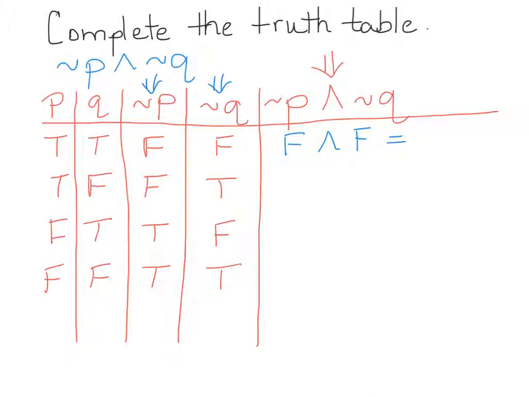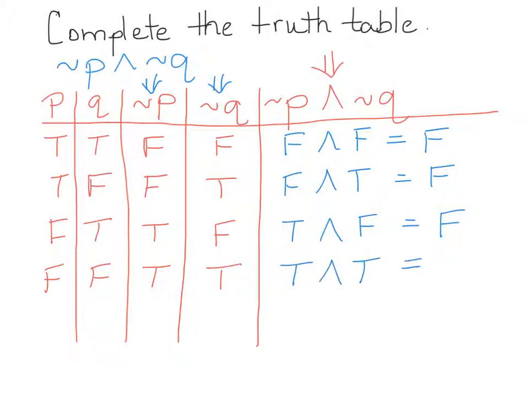According to the truth table for and, it's only true when both are true. So this is false. Then I have false and true, which is false. Then I have true and false, which is false. Then I have true and true, and this one is true.